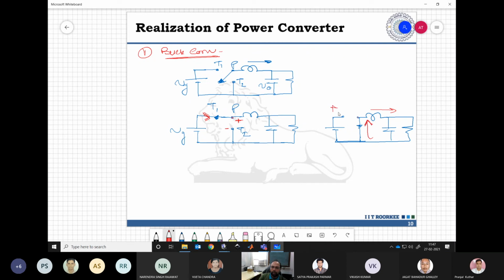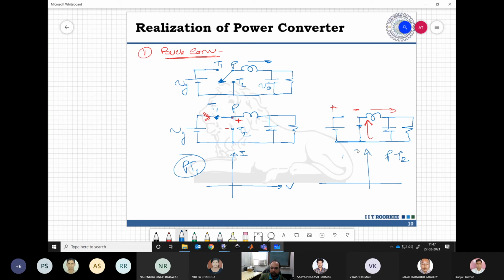And for PT1 the blocking will be in this direction. So if we take that current is always forward conduction, then what characteristic we are expecting for PT1 and PT2 can be drawn very easily. Let's say this is for PT1 and this is for PT2.